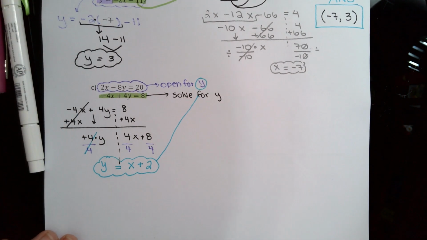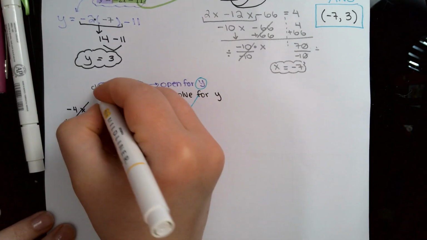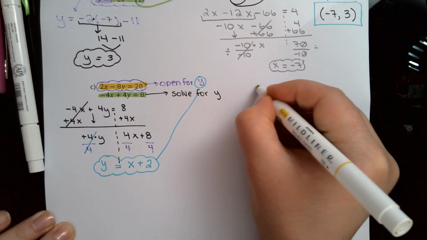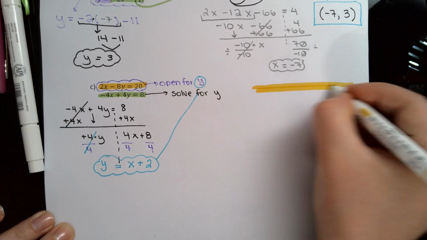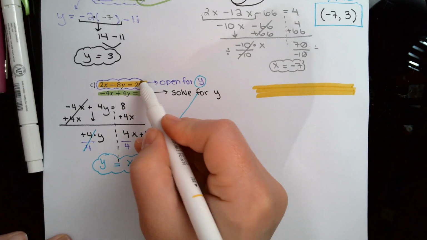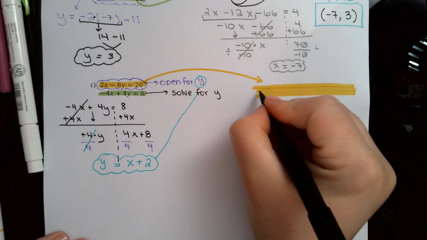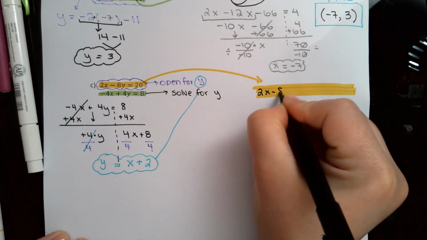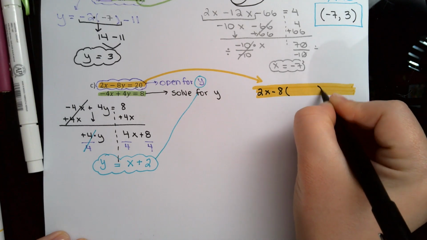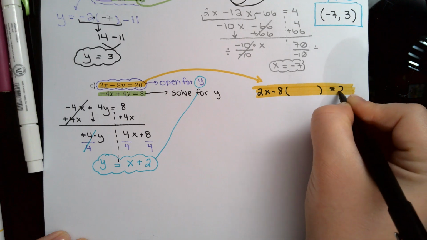Let's pick up that top equation. I'm going to copy it down and I'm going to open for y. We have 2x minus 8, big open for y, equals 20.